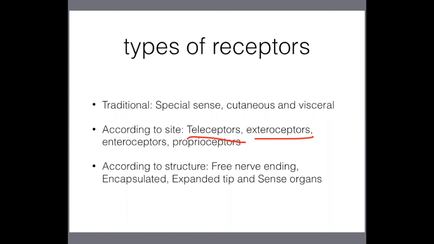Then interoceptors, which are anything in the internal environment, the baroreceptors and chemoreceptors, and ones that detect the change in position. So if you move a joint or a finger, they can detect what position you're in. Okay?